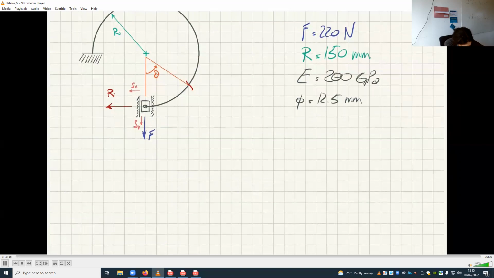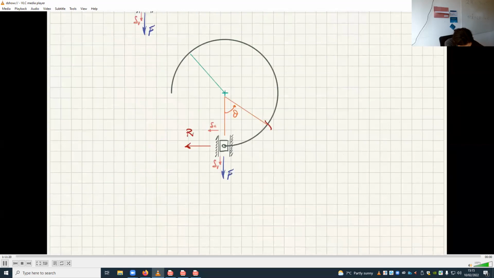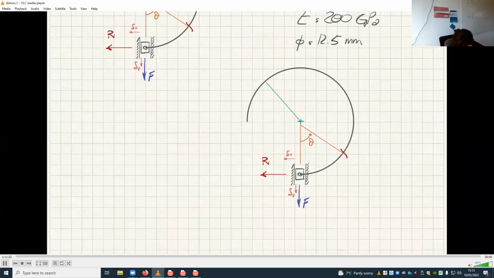So if I copy and paste this here, and get rid of whatever is on the side, now this is R, and this is also R.